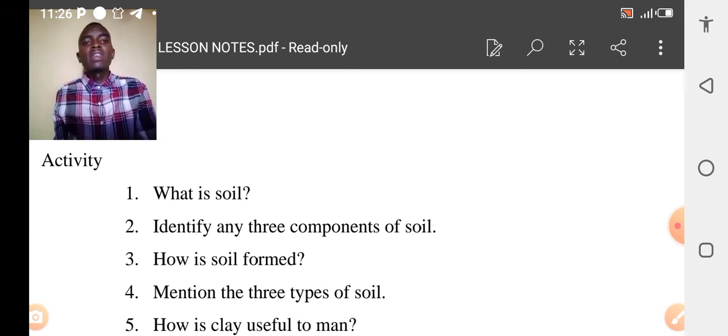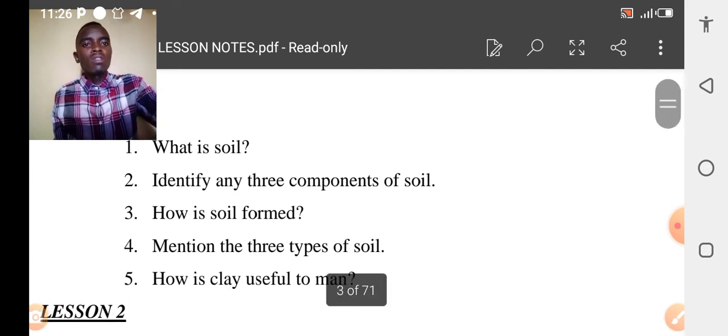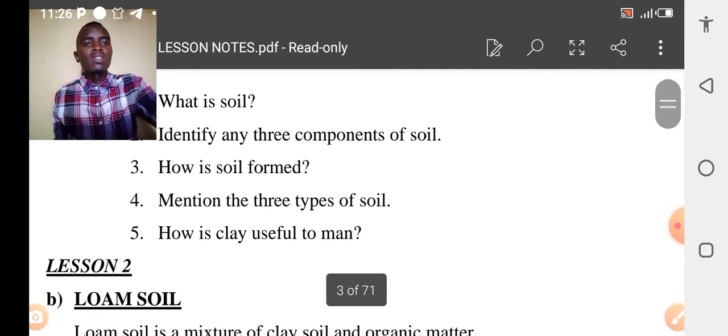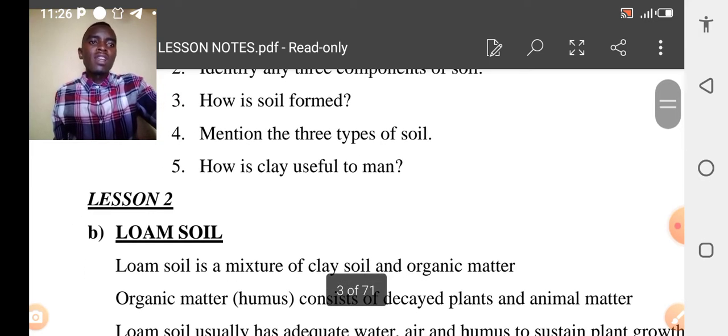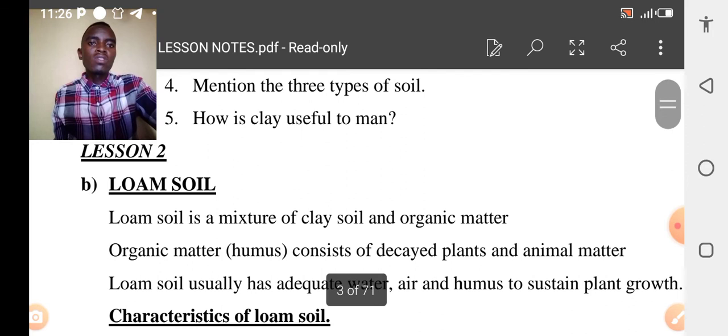We have seen the meaning or definition of soil. The second one, identify any three components of soil. Another one, how is soil formed? Mention three types of soil and how they are used by man.